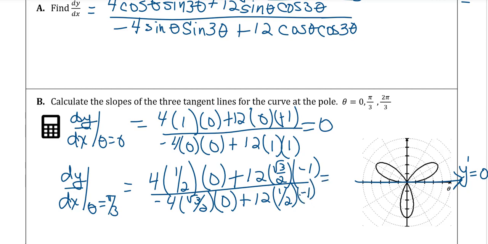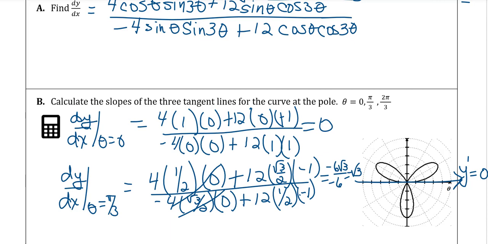So when you simplify this, these terms can be ignored. So I have -6 square root of 3 in the numerator and -6 in the denominator. So I get square root of 3.